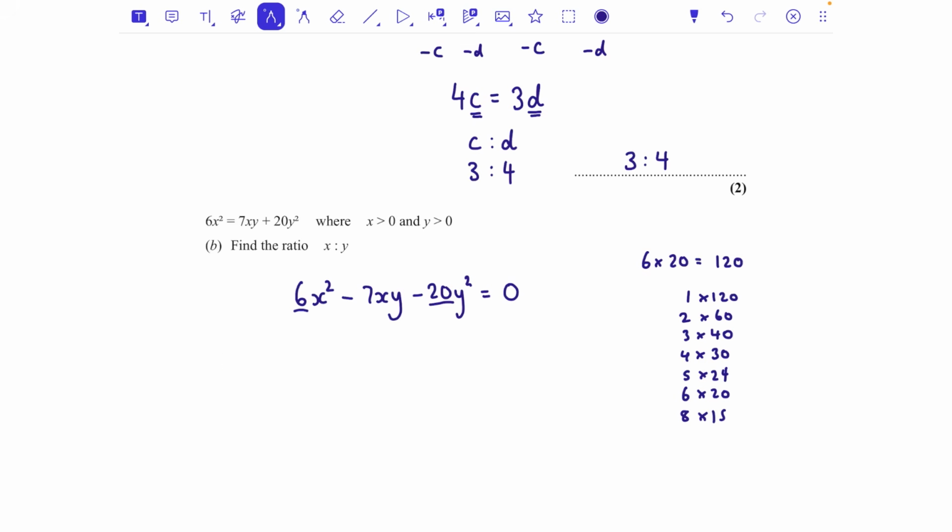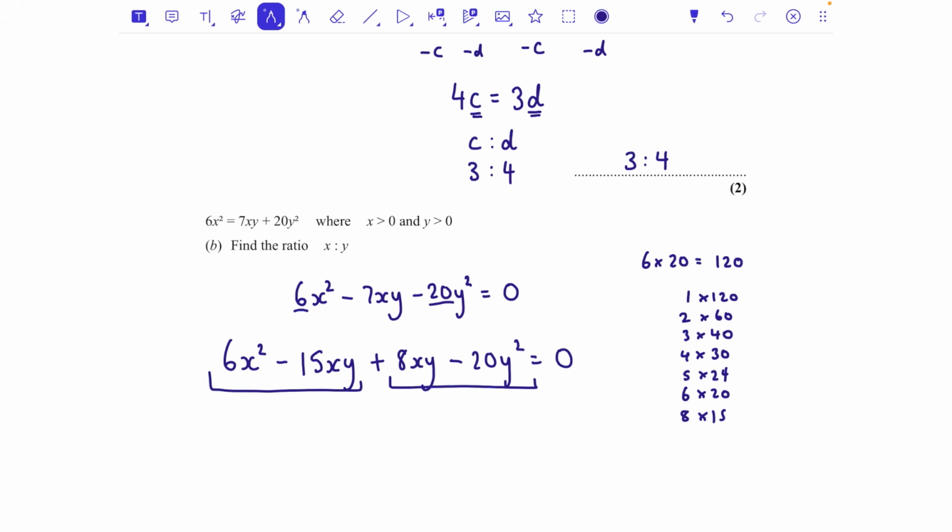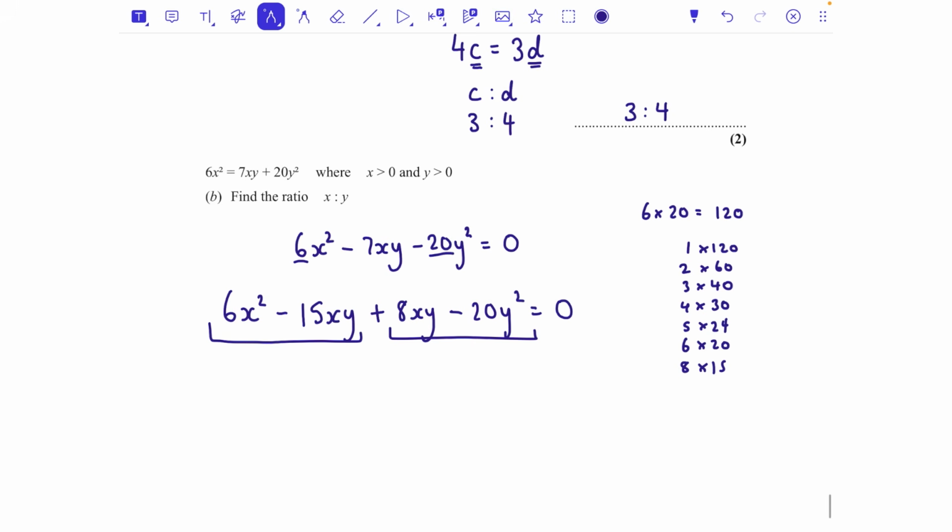So this is going to be 6x squared minus, let's do minus 15xy, add 8xy, that would make the minus 7xy, minus 20y squared equals 0. And then I'm going to factorise these two terms and factorise these two terms. This is splitting the middle, this factorising method.